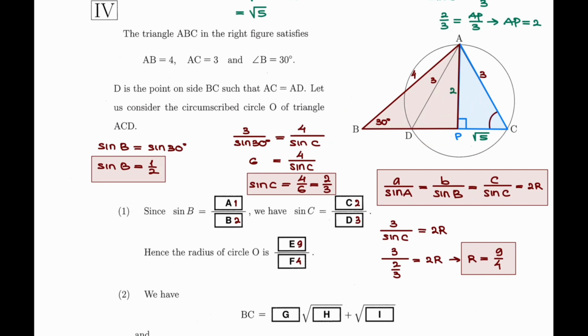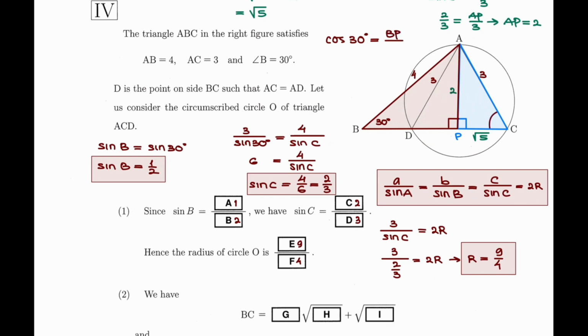Since this is also 90 degree, and angle B is 30 degree, by using cos 30, cosine 30 degree is equals to adjacent, the adjacent is BP, over hypotenuse.